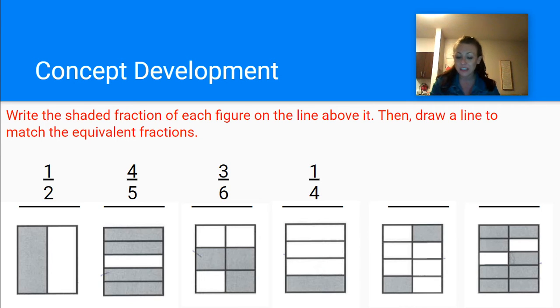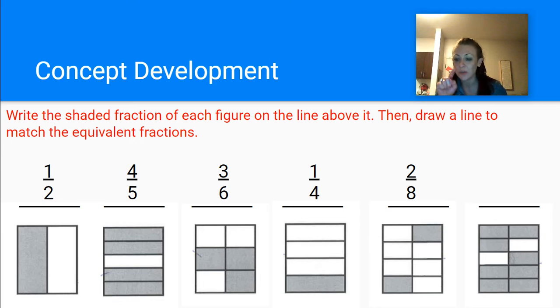Now this next fraction model, I see that there are 2, 4, 6, 8 pieces in all. So my denominator down on the bottom would be 8, and 2 are shaded, making my numerator 2, so 2/8. And this last one, I'm going to start with my numerator first, the number that's shaded.